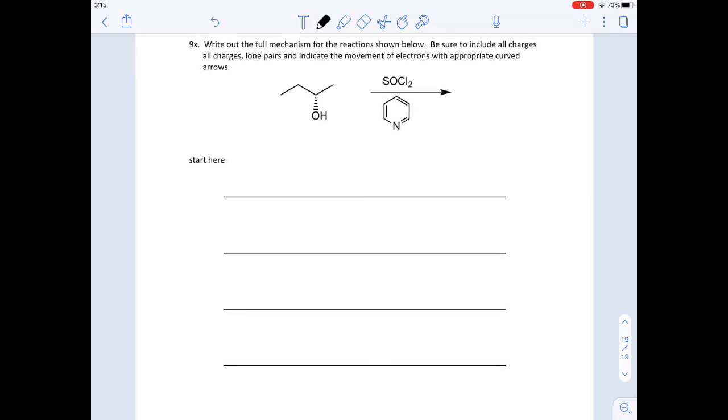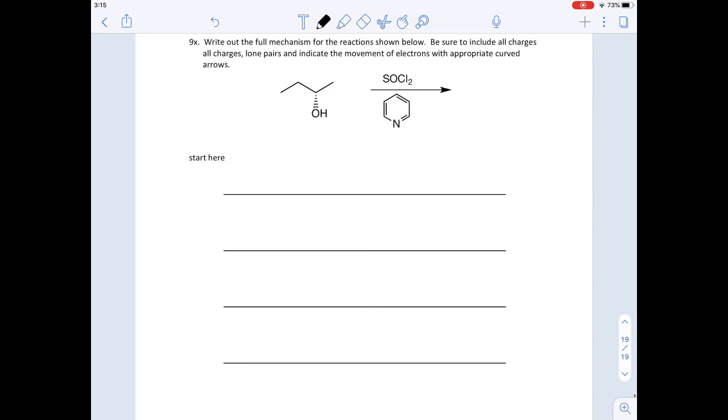Okay, so last but not least, we're going to do the mechanism for SOCl2 over pyridine. All right, which we already did, but you know, it's good to repeat. This is one of the more important mechanisms, so it's worth remembering. And I'm going to be doing this one with full detail, all of the lone pairs, just so you know exactly what he's expecting for the exam.